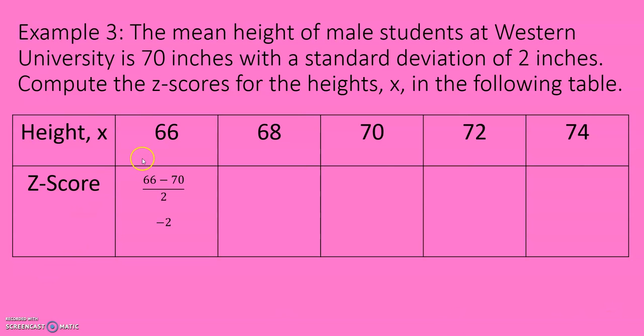So for 66, we're doing 66 minus 70 divided by 2, which is -2. 68 minus 70 divided by 2, which is -1. 70 minus 70 divided by 2 is 0. 72 minus 70 divided by 2 is 1. And 74 minus 70 divided by 2 equals 2.